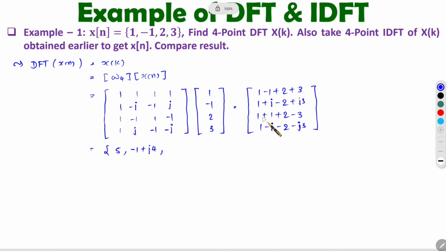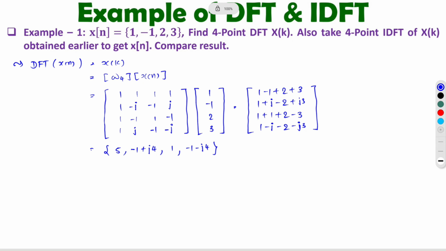Then the third element is 1 plus 2 minus 3, that is 1. And the last element is 1 minus 2, that is minus 1, minus j minus j3, that is minus j4. And here you can observe this element and this element are conjugates of each other. The conjugate of this, that is minus 1 minus j4. This is how one can identify the DFT.